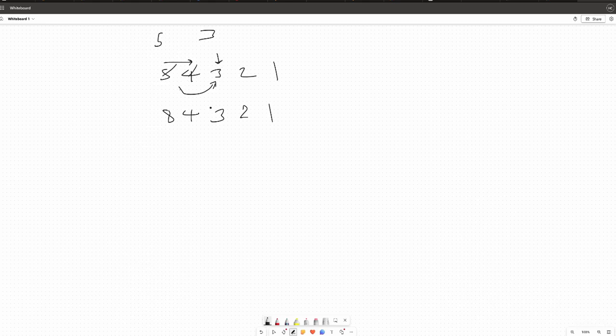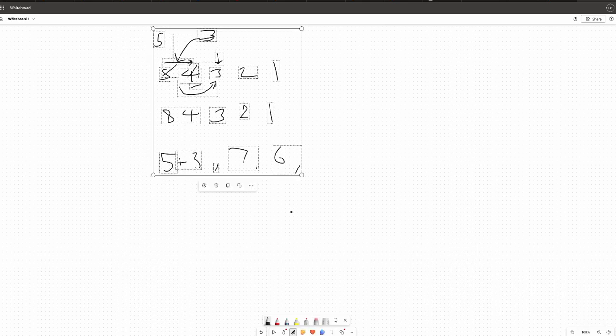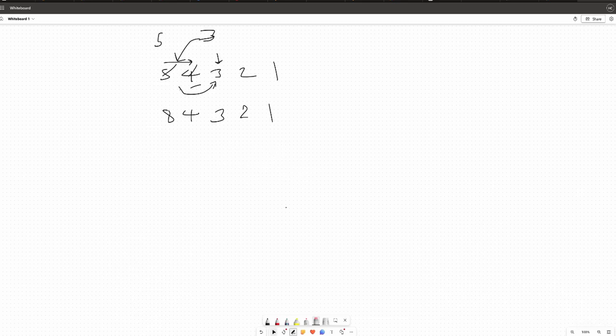So we'll maintain a prefix sum of all the numbers that can be added. In this case, the first element of the prefix sum will be 5. The second element will be 5 plus 3, because you do not have to forget about this C. The C will be added only to the first element.